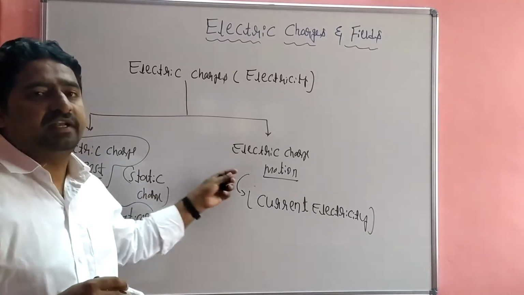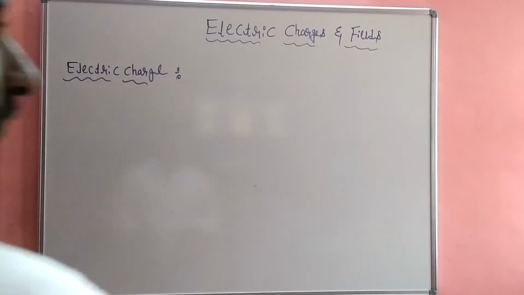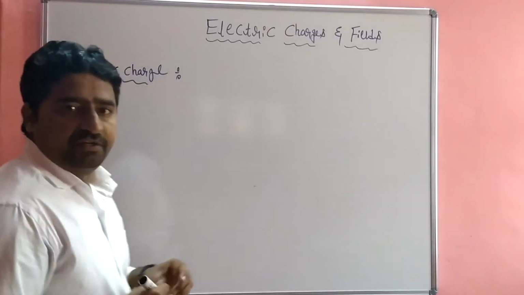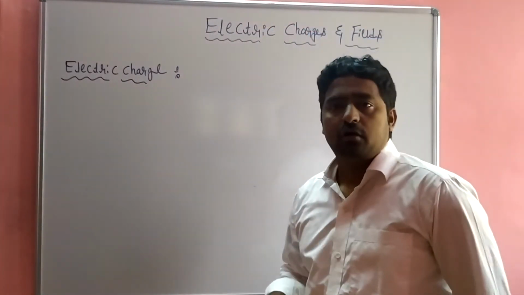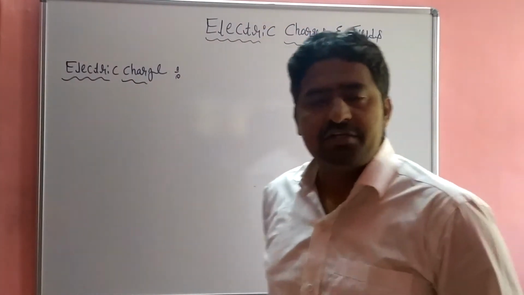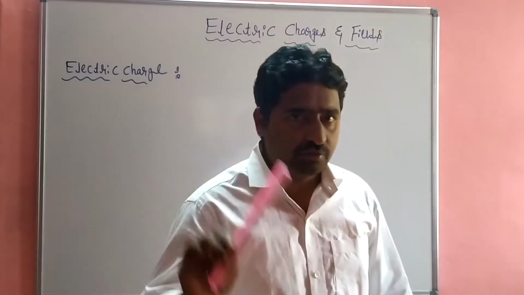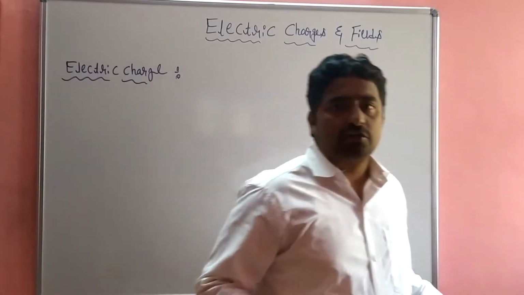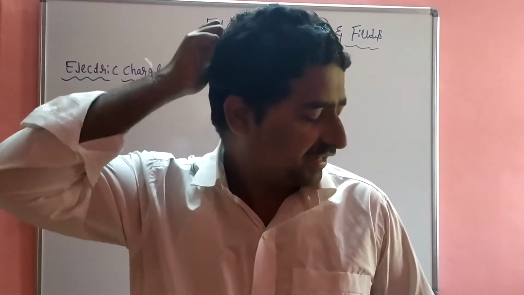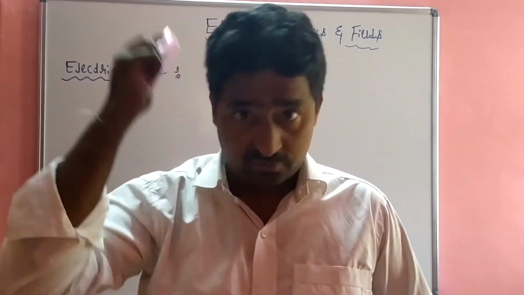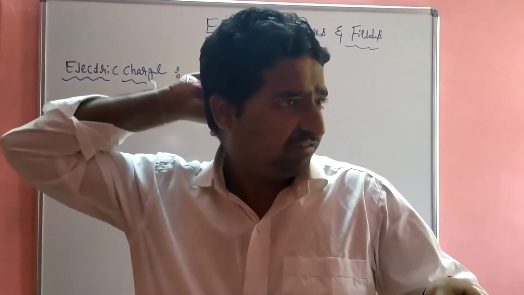Let's see what is electric charge. Before the definition, let's see how the term is indicated in our day-to-day life. Let's take a plastic comb. This plastic comb is rubbed with dry hair and brought closer to small bits of paper.